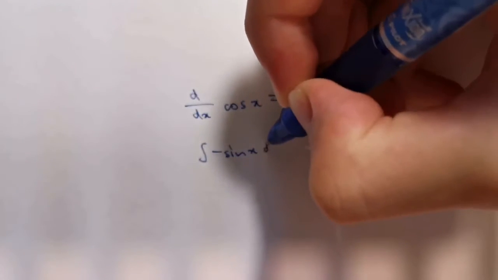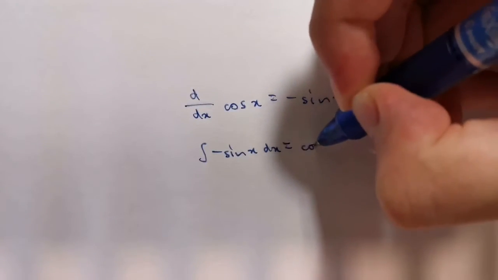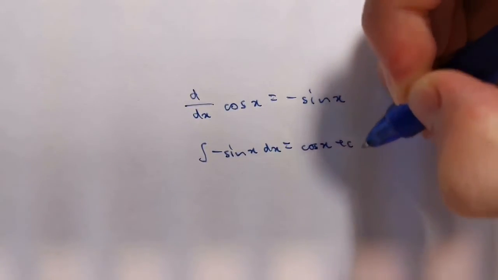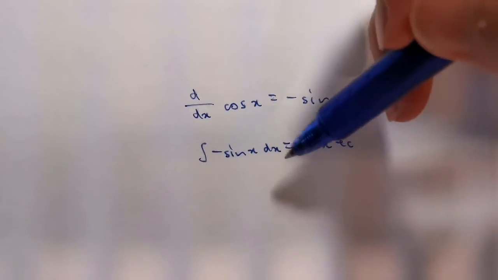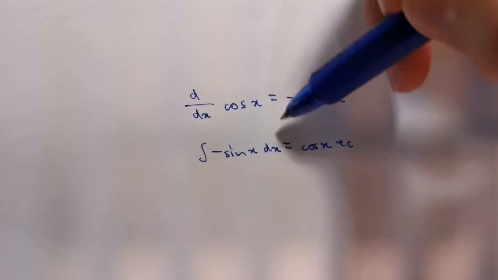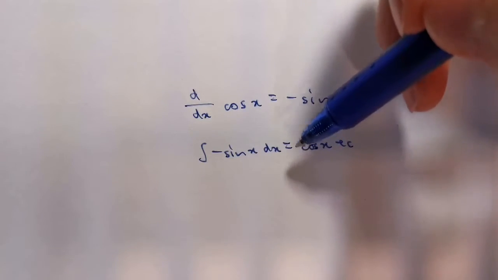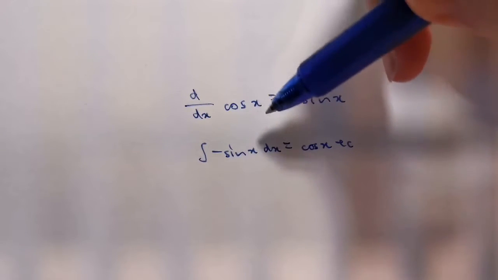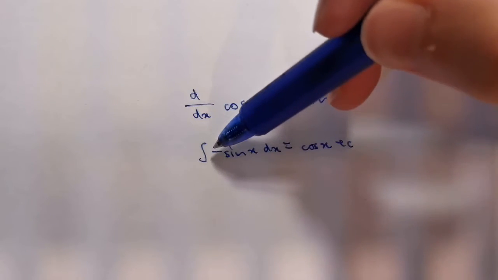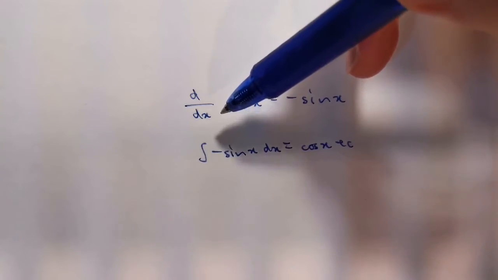But if you integrate minus sine x, you get cosine x plus c, where c is some constant. So by now, I think all of us can think of integration as the inverse of differentiation.